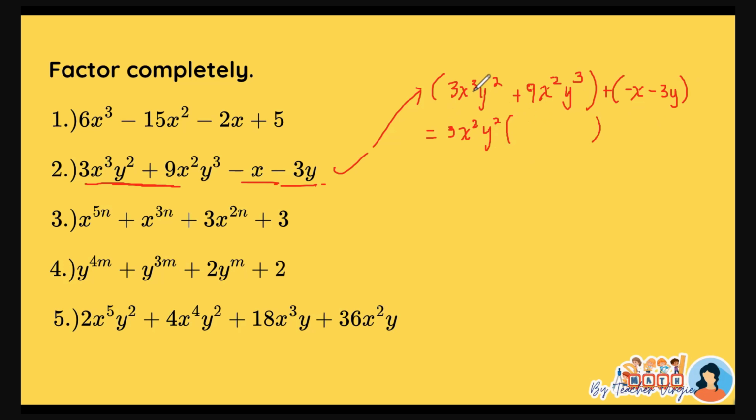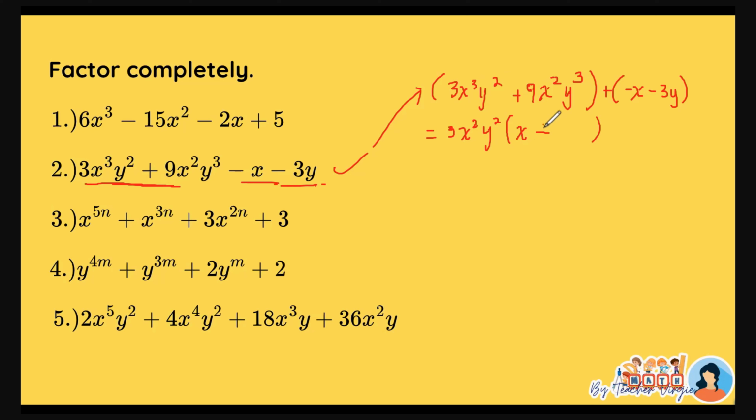The first term is 3x cubed y squared divided by 3x squared y squared. 3 divided by 3 is 1, no need to write 1. The x cubed divided by x squared is x. The y squared and y squared is the same, so that's just 1. So the answer for the first term of the first group is x only.